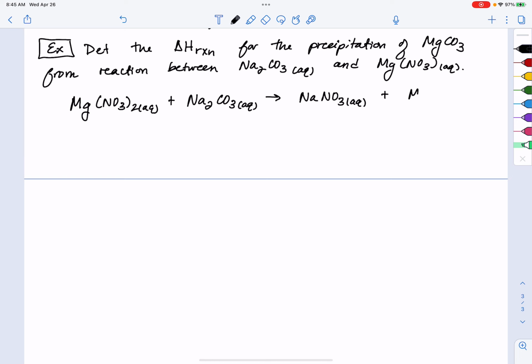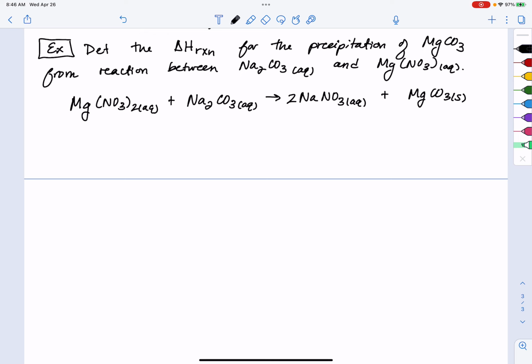And then the provided magnesium carbonate precipitate. And to ensure that we are balanced, we've got 2 nitrates, 2 sodiums on the reactant side, and yet we do not have that on the product side, so we need to double this.